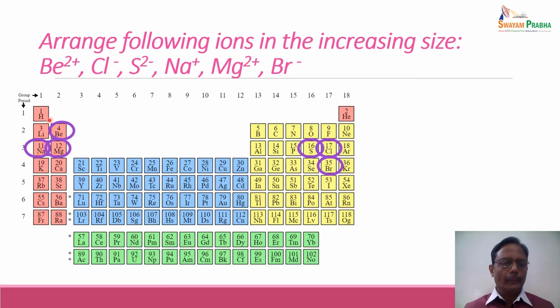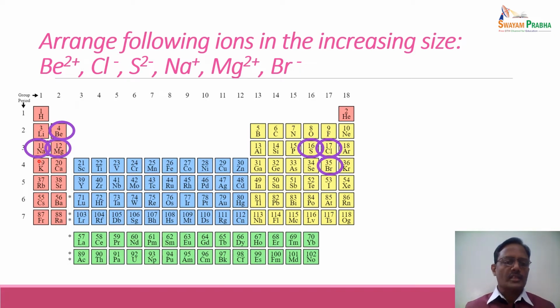Now let us compare these three elements first: sodium, beryllium, and magnesium. When we move from beryllium to magnesium, the atomic radius increases. So between Be2+ and Mg2+, the size of Mg2+ will be larger and beryllium will be smaller. When we compare Na and Mg, when we move from left to right, the ionic radius or atomic radius decreases.